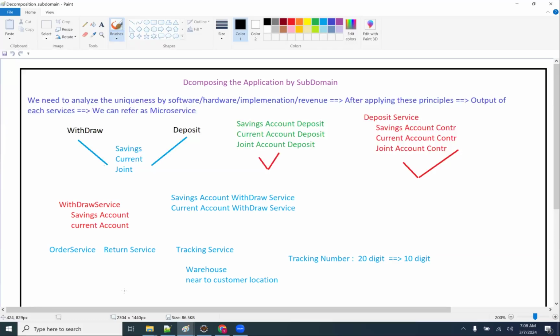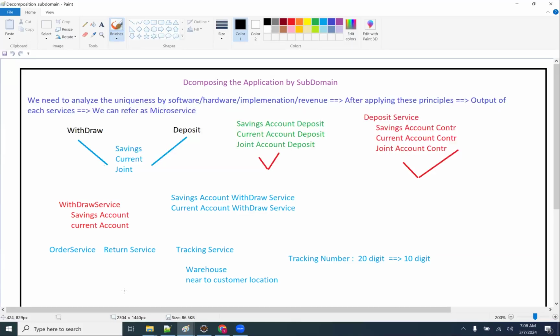Now, when I come to withdraw service, I have savings account withdraw service, current account withdraw service, joint account withdraw service. So our question is, can I have one withdraw service which contains these three functionalities, or can I have individually a savings account withdraw service, a current account withdraw service, like that?